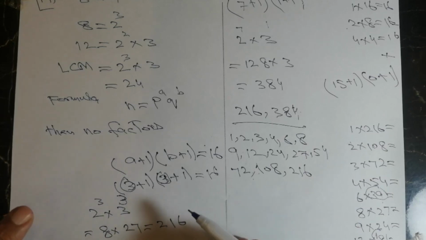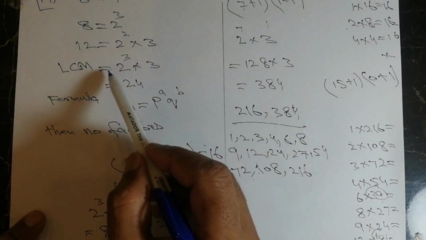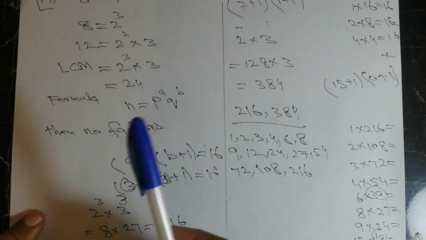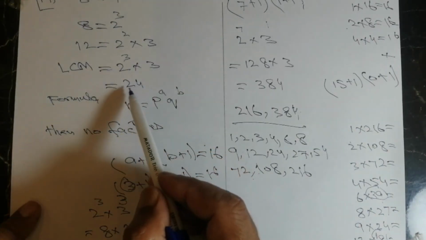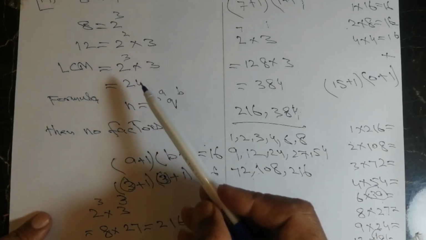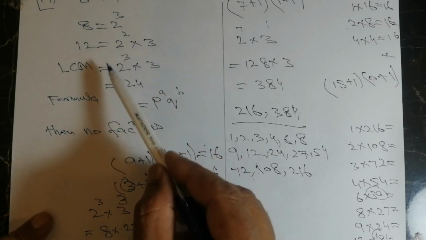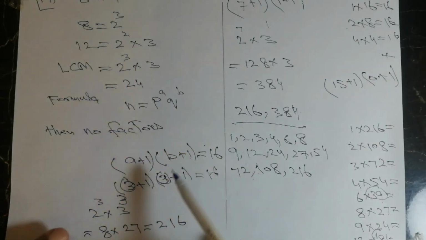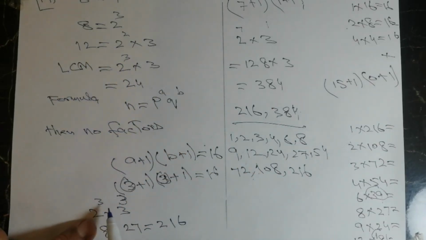I would like to explain from here, this is the LCM of 8 and 12. Now for higher factors, other than this LCM 24, any higher factor will be a multiple of this one. So this number is the base. If you see here, we wrote 2 raised to power 3, 3 raised to power 3. This is a multiple of which number? 2 raised to power 3, and here 3 square is extra.